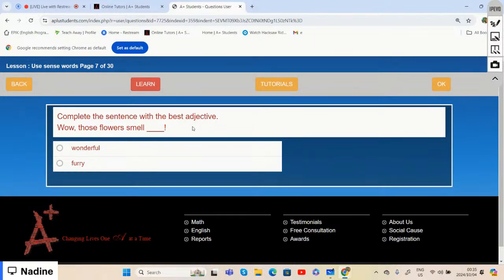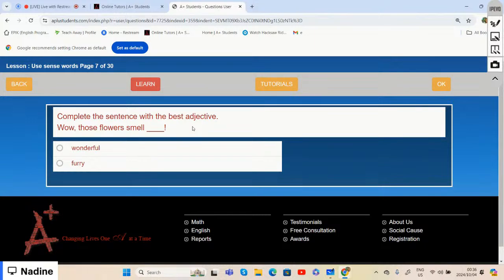All right. And the last one says, wow, those flowers smell. Do we say the flowers smell option one, wonderful? How does it smell? Does it smell wonderful or does it smell furry?